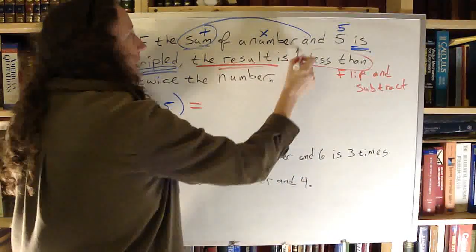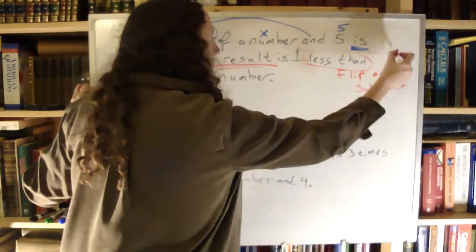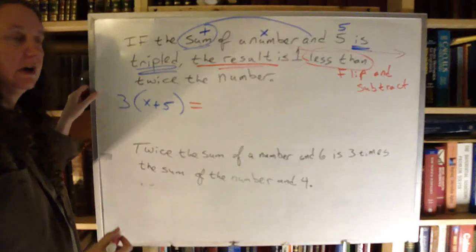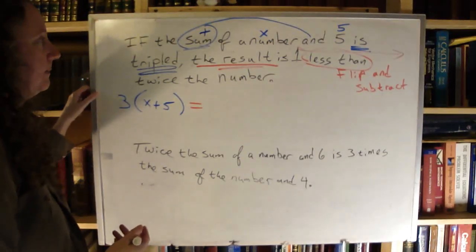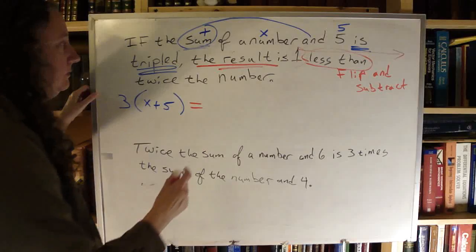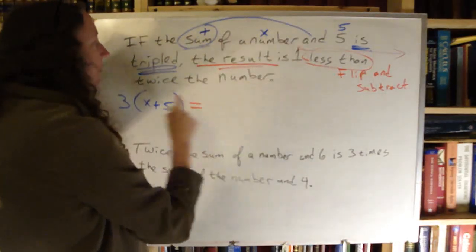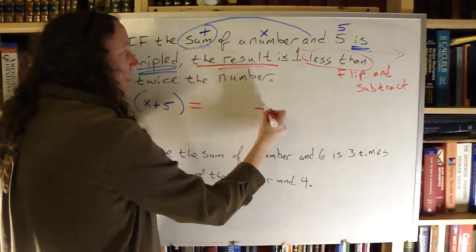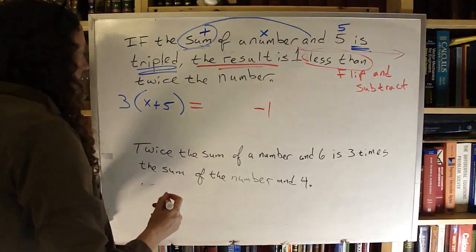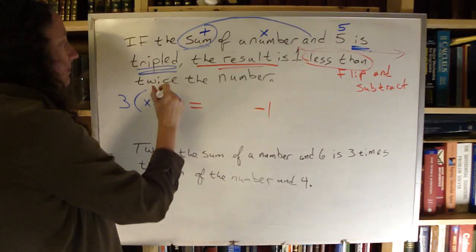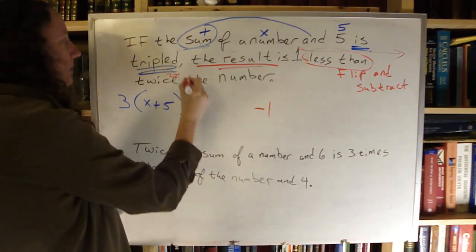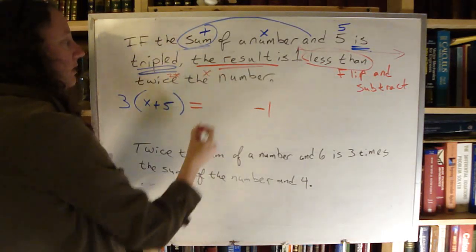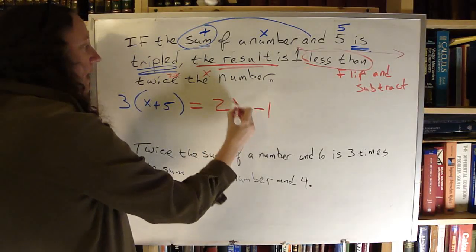So that's telling me that this 1 is going all the way to the end of that phrase, or the end of the sentence. So the result is 1 less than twice the number. So whatever this is going to be, I have to subtract the 1 from that. Twice the number, twice means 2 times. The number is x. So I have 2x.